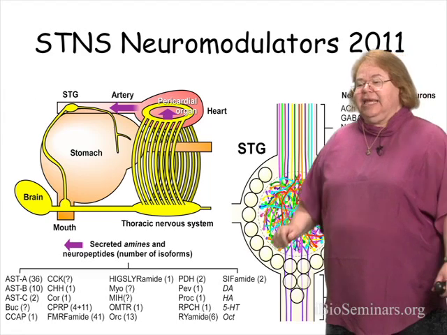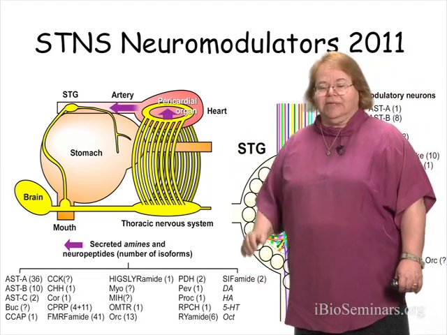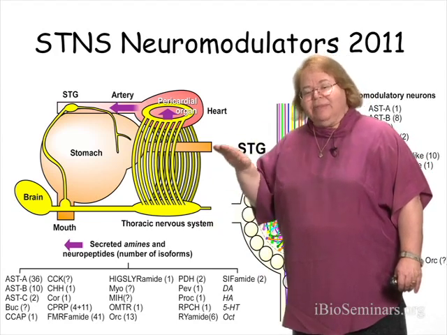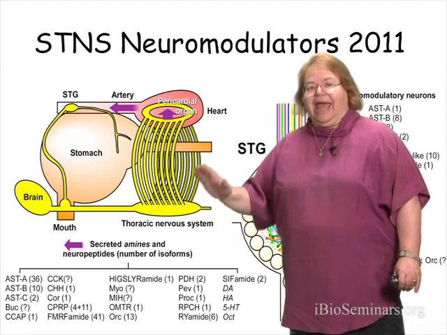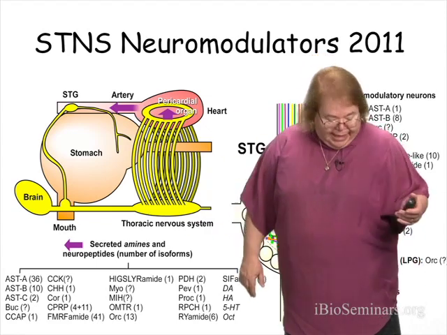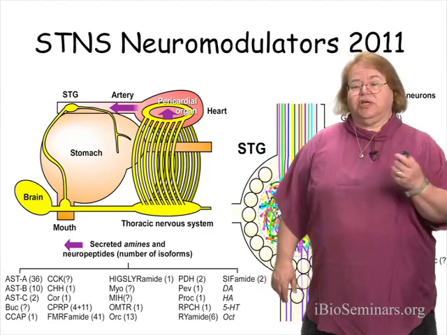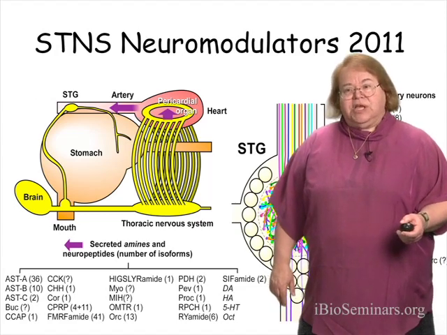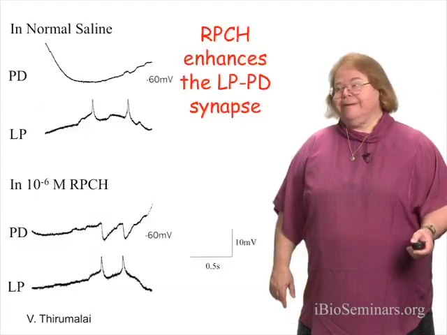The important lesson here is that there's not one modulator, there are not two, there are not three, there's a very large number. And I believe that this lesson will be true of any circuit that we study in any animal once people get down and dirty and actually do the work to study the distribution of all these substances in any region of the brain. So we have this richness of modulator potential action.